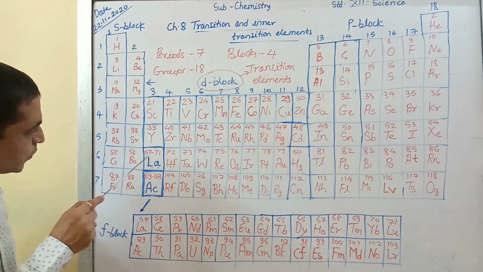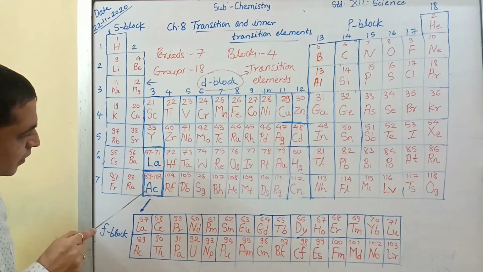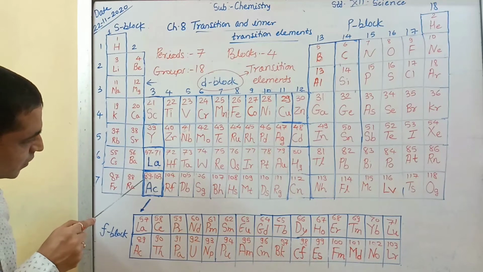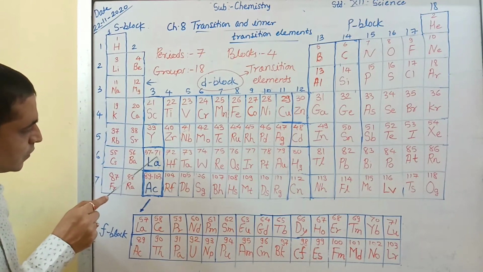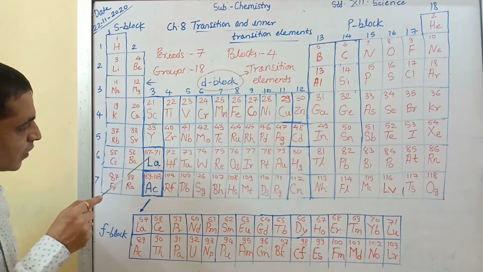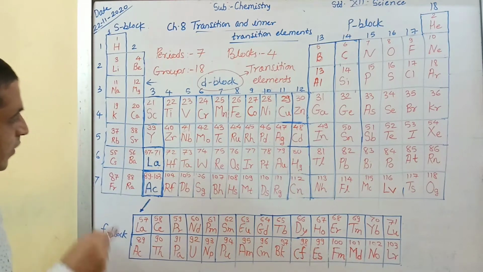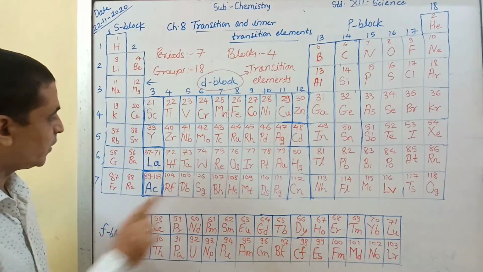Now look at this: lanthanum from 57 to 71, and here actinium, you get 89 to 103. These elements are placed at the bottom of the modern periodic table to avoid expansion of the modern periodic table.